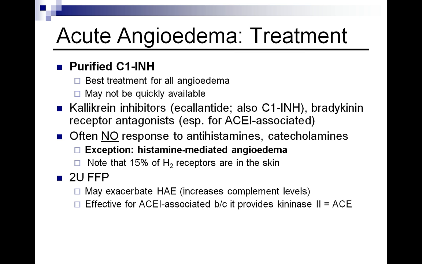But for the ACE inhibitor-associated angioedema, it is a very good therapy because it provides kininase 2, which is also known as angiotensin-converting enzyme, which is exactly the problem in the first place. And so that is a very reliable therapy and probably your first-line treatment for acute angioedema.